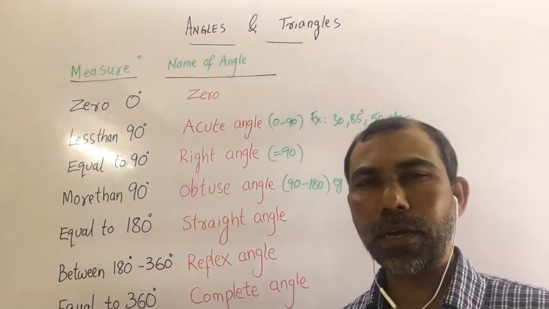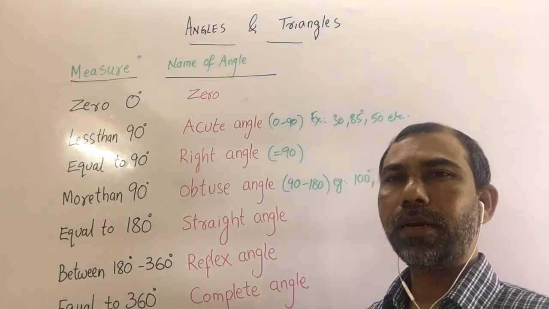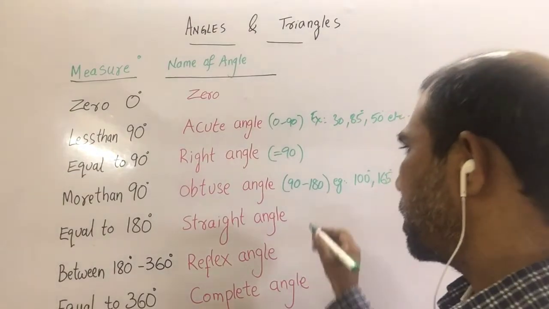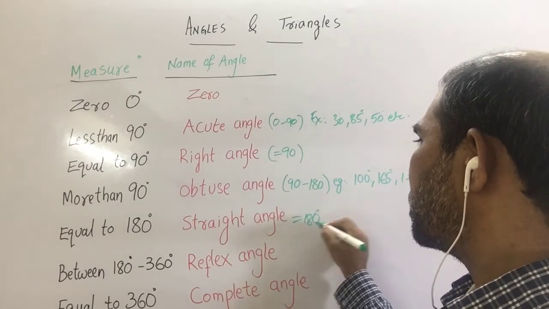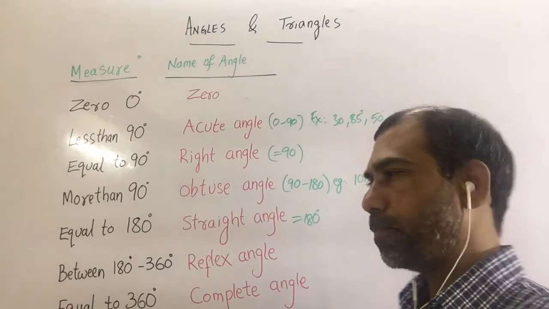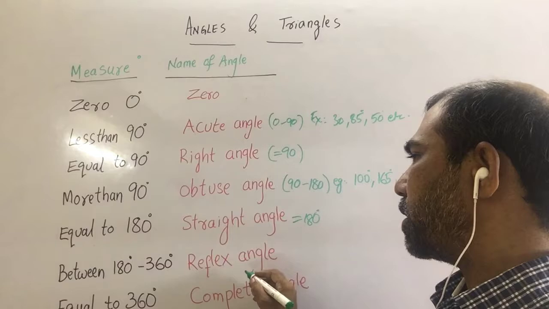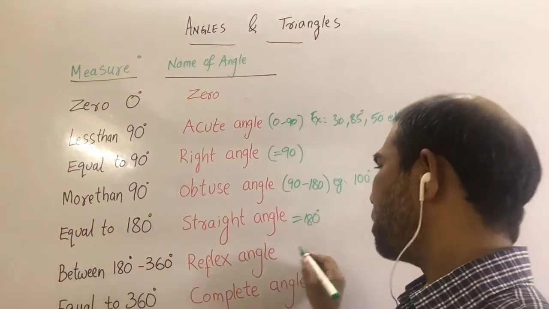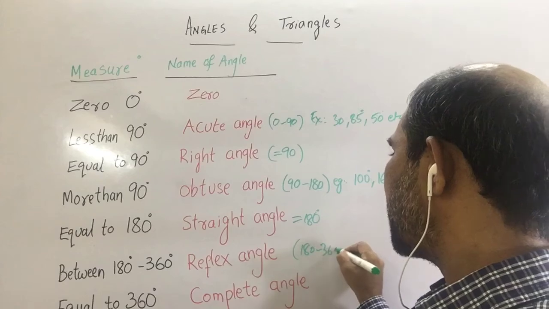And a straight angle is an angle with the measure of 180 degrees. That means always 180 degrees measure is called a straight angle. And when you talk about the reflex angle, it must be between 180 degrees and 360 degrees.